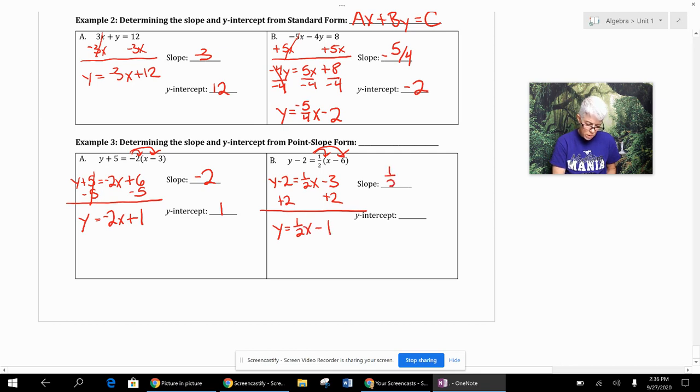So my slope is 1/2. My y-intercept is negative 1. Now I want you to note, before we even started doing this, they gave me the slope. It was right there. So it was already there. We moved everything around so that we could find the y-intercept, which we did not have.